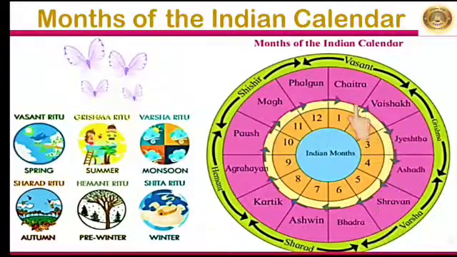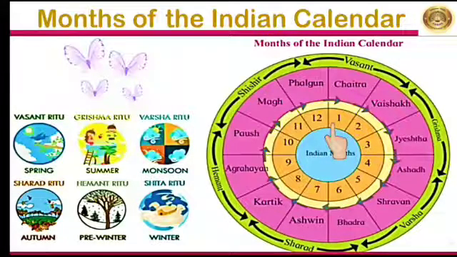This is made in India, or in Hindi, the month of the year, we call it Indian calendar. These months of the year have different names. Like we have January, February, here we have Chaitra, Vaishakh, Jyeshtha, Ashadh. So now we will learn the months of the Indian calendar.